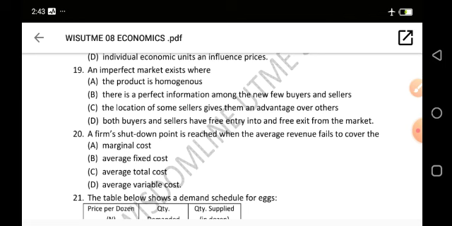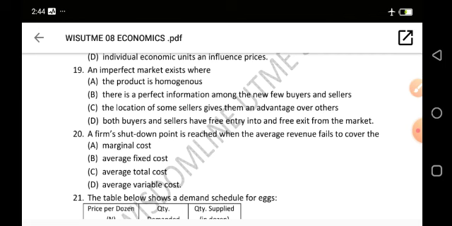If the price, which is the revenue, is greater than the average variable cost, then the firm should continue operating. But the other way around, if the price is lower than your average variable cost, then the firm should close down shop.